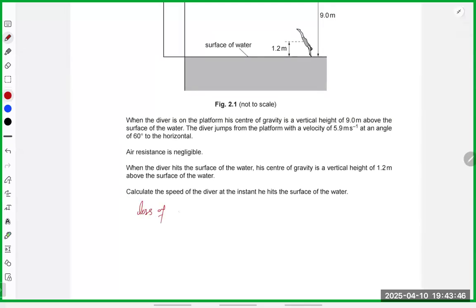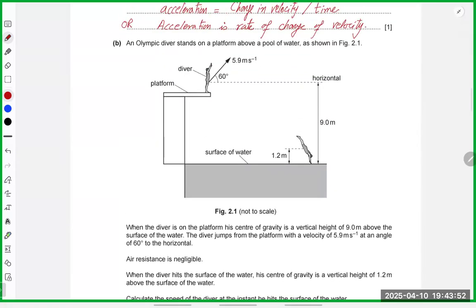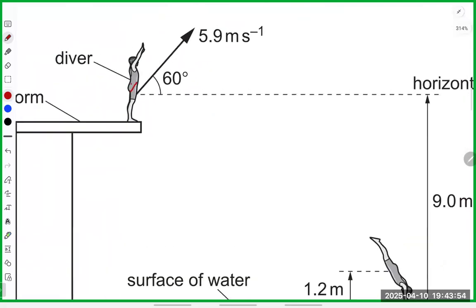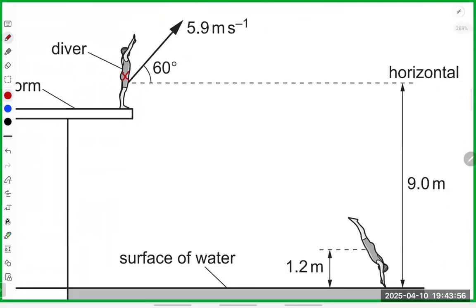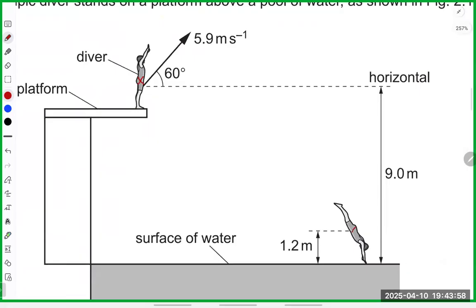Loss of gravitational potential energy. Listen, overall, this is where the center of gravity of the person is, and this person is now here. So overall, this person has gone down.